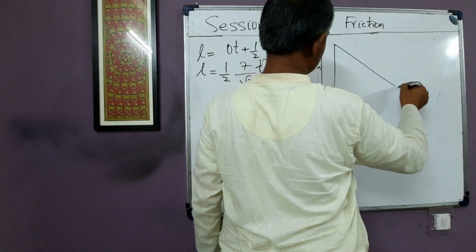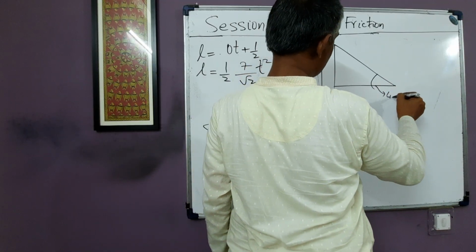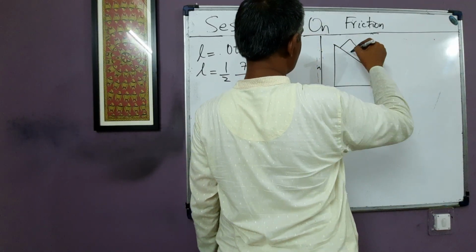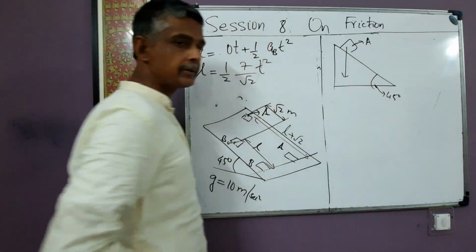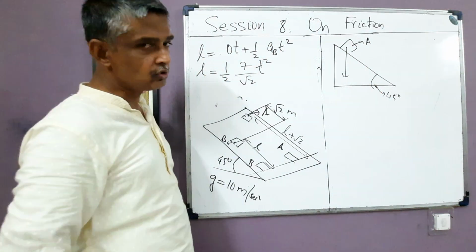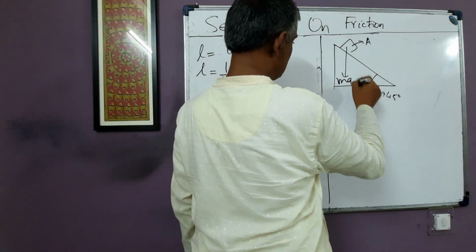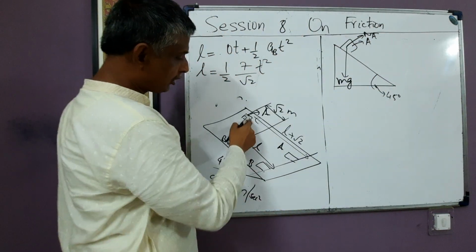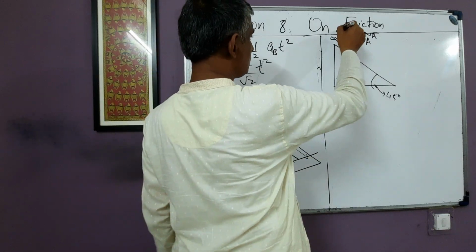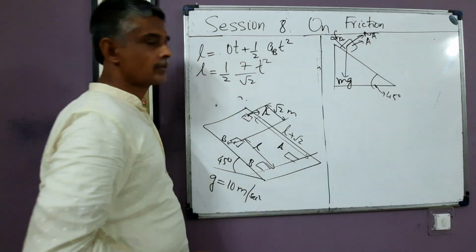I am drawing the side view of the situation. This is again a 45 degree angle. This is block A. I draw the free body of block A with respect to ground. The masses of both the blocks are given to be equal, say m each. Na is the normal force on block A due to the incline. And block A slides down the incline, so friction acts on block A up the incline.